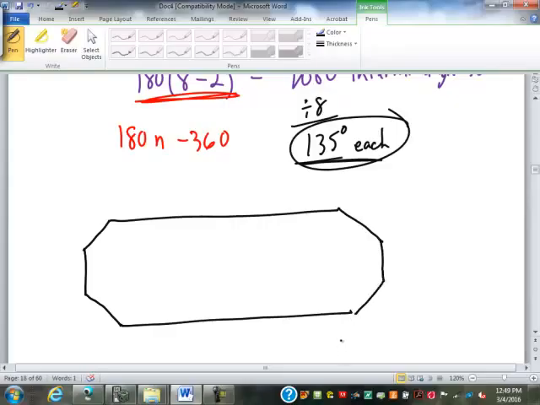Is that a regular octagon? No. All those angles, 135 degrees? You bet they are. In fact, it's one very common variation, mainly for octagons. It doesn't work with hexagons.